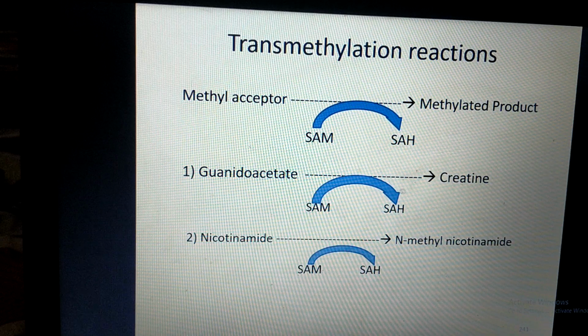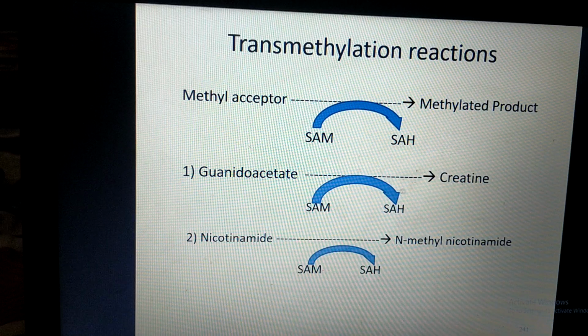First, I have shown the methyl acceptor. I will give you the list of methyl acceptors. It accepts a methyl group from S-adenosyl methionine and gets converted to a methylated product. I also mentioned the methylated products. Then S-adenosyl methionine is converted to S-adenosyl homocysteine. So these are the examples of transmethylation reactions.